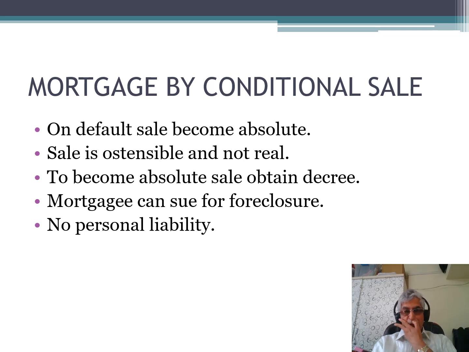In the earlier case, we have seen that property worth 50 lakhs has been sold for 47 lakhs. Then for the balance 3 lakhs, the mortgagor is liable. But in this type of mortgage by conditional sale, that residual 3 lakhs cannot be recovered from the mortgagor as a personal liability.